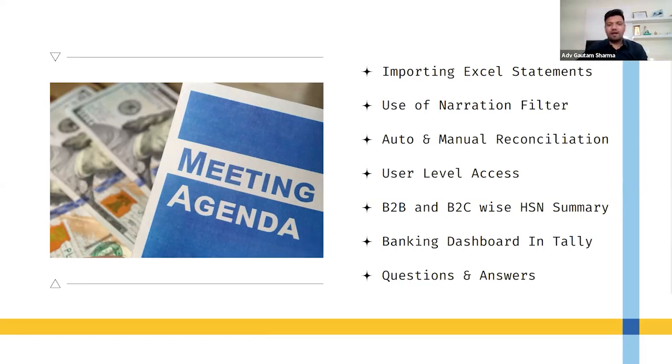After that, we will come to banking dashboards, how we can add a tile and configure it as per our need. Then we will see B2B and B2C separate HSN summary in TallyPrime 6.0, and in the end we will cover the Q&A session.